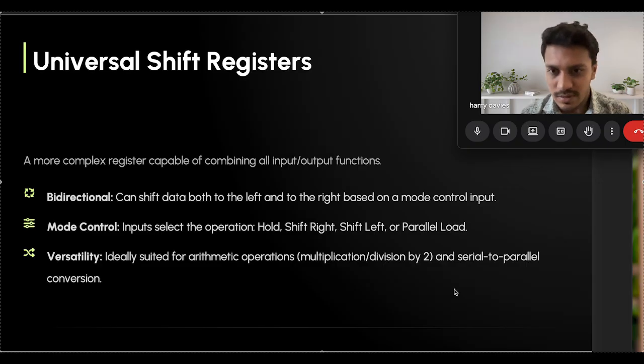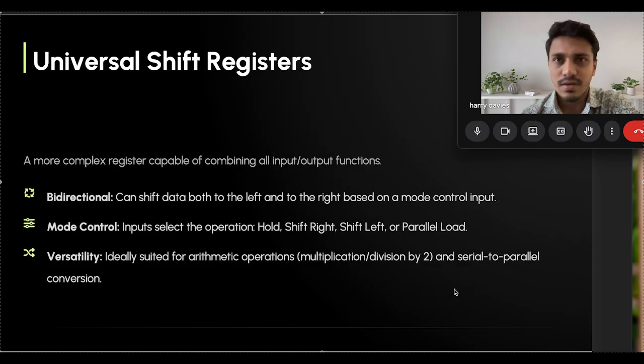This switch lets us choose between hold, load, shift right or shift left. This versatility is crucial for arithmetic operations such as multiplying, dividing by 2, and all types of data conversions.